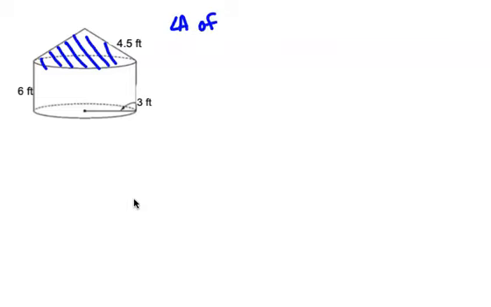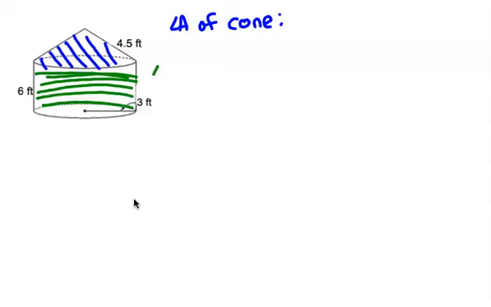So I need that. And then this piece, which is the lateral area of the cylinder, I gotta get, which we have a formula for. And then this base on the bottom, capital B, so the area of the circle on the bottom. Those three pieces are what we need to add together.